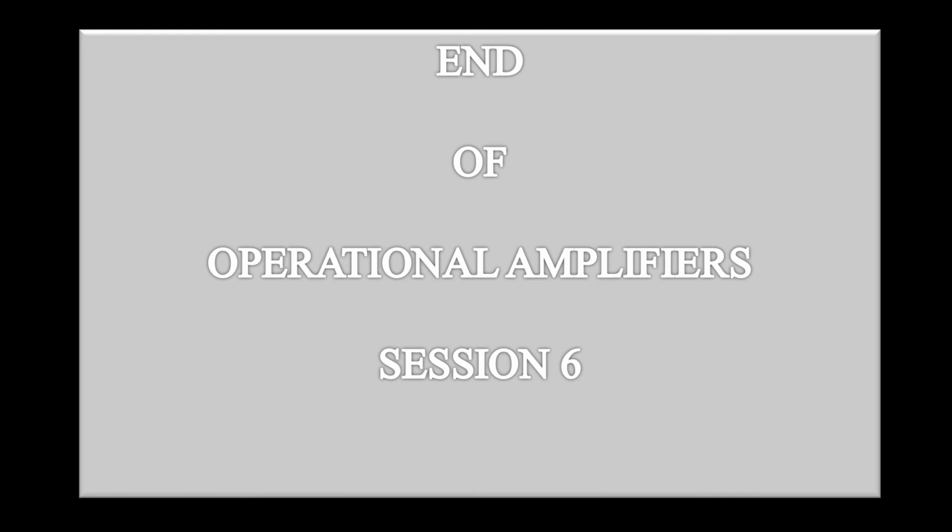So student, today we completed the linear applications of op-amp. Today we have seen the subtractor. A subtractor is nothing but the difference of the two applied input voltages. So if you apply two different voltages, we get the subtracted output. So V out was equal to V2 minus V1.